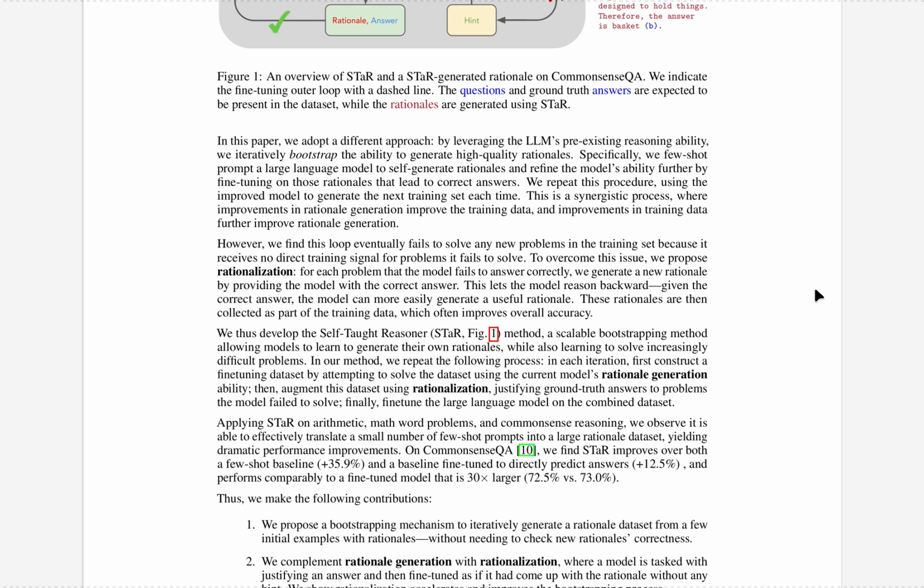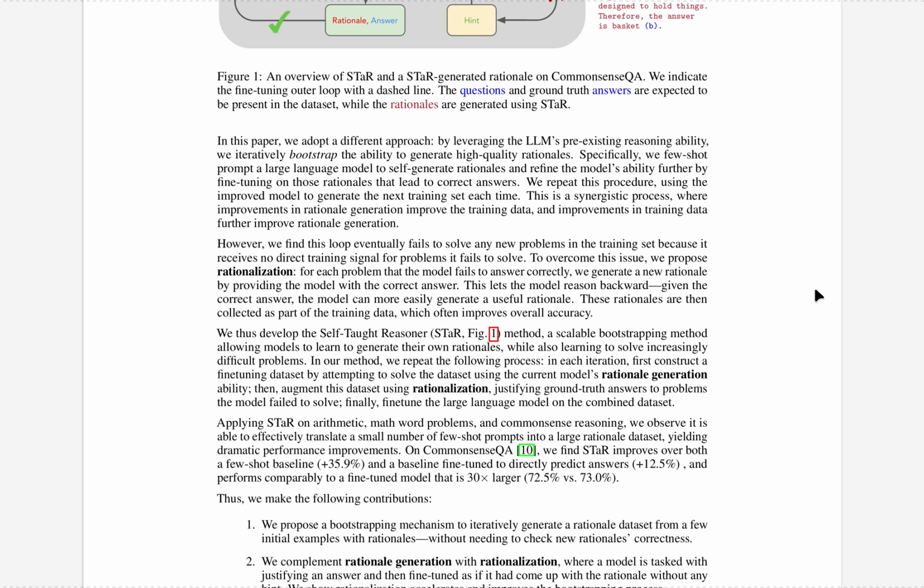The model can more easily generate a useful rationale. These rationales are then collected as part of the training data, which often improves overall accuracy. We thus developed the self-taught reasoner, STaR, a scalable bootstrapping method allowing models to learn to generate their own rationales, while also learning to solve increasingly difficult problems.